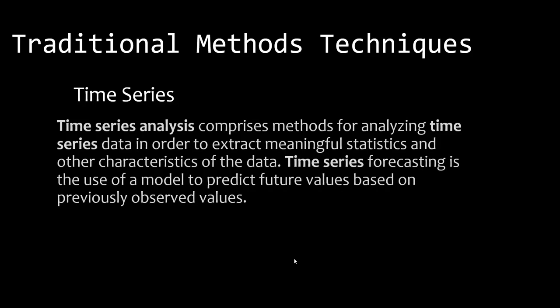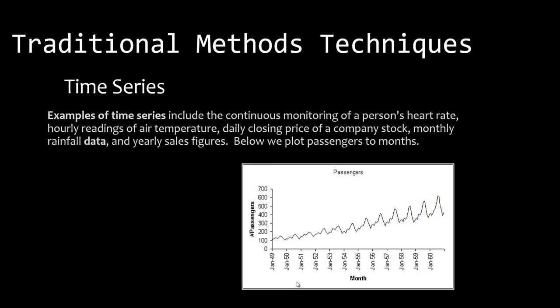Time series, pretty easy. Time series comprises methods for analyzing time series data in order to extract meaningful statistics and other characteristics of the data. Time series forecasting is the use of a model to predict the future based upon that. What would you think time series would be used for? Examples include continuous monitoring of a person's heart rate.